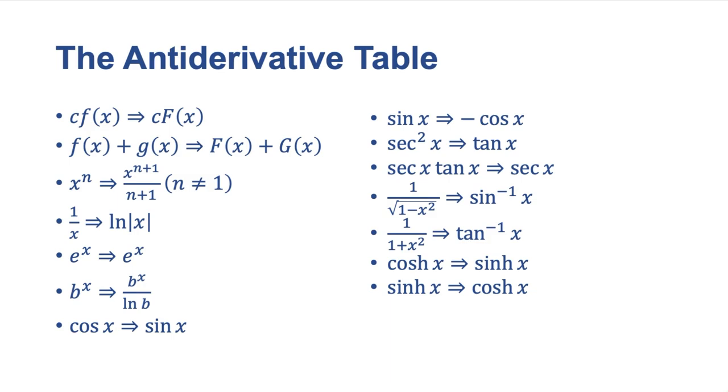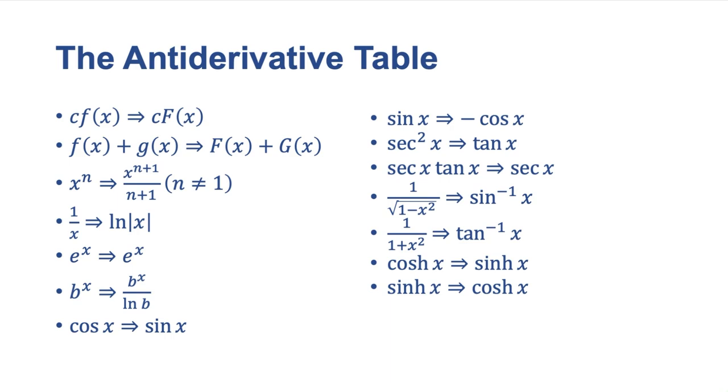If I have the function 1 over x, that becomes the natural log of the absolute value of x. If I have e to the x, our special function, that stays e to the x when we reverse the derivative. If I have a function b to the x, that goes to b to the x over the natural log of b. If I have cosine of x, that goes to sine of x. If I have sine of x, that goes to negative cosine of x.